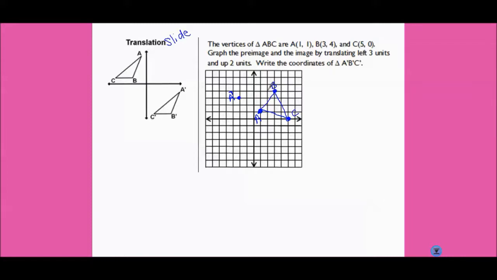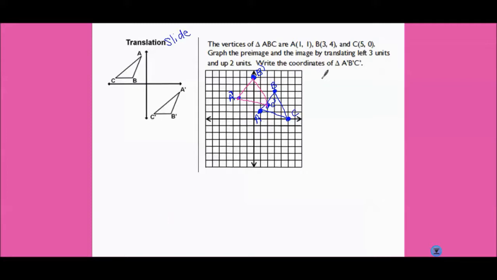B, we're going to go left 3, 1, 2, 3, and up 2, 1, 2. B prime, and for C, we're going to go left 1, 2, 3, and up 1, 2. There's C prime. I'm going to connect these in a different color to make it a little easier to see. And the pink triangle is now our image.